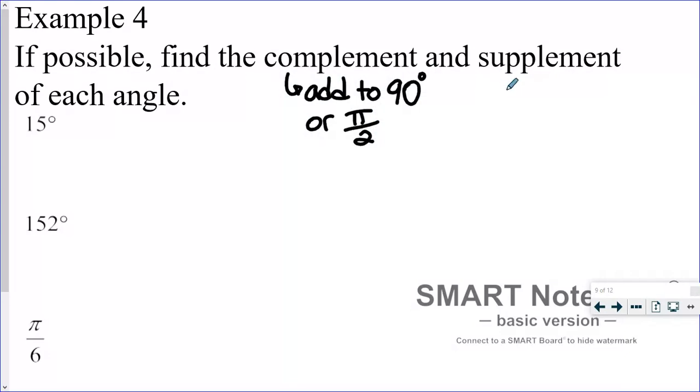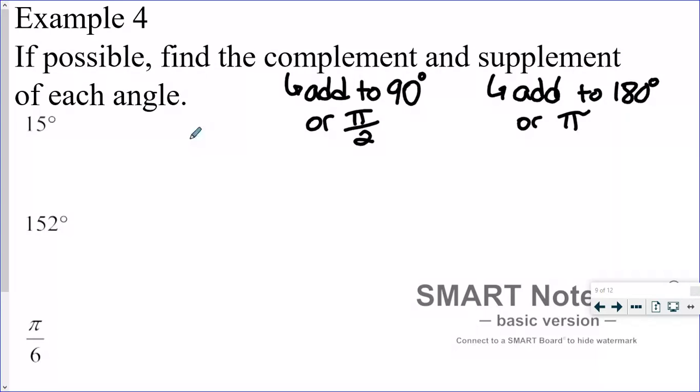Supplementary angles add to 180 degrees, or pi, when we're talking about radians. Do keep in mind that when you're trying to find complements and supplements, you can't use a negative angle to form a complement or supplement. They have to be positive.